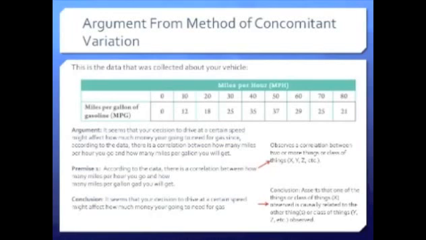The claim that there is a correlation between how many miles per hour you drive and how many miles per gallon you get is the conclusion drawn from employing the method of concomitant variation. The conclusion of this argument also simply asserts that there may be a causal relationship between how many miles per hour one travels and how many miles per gallon one will get. This assertion is implied by the conclusion, which states that your decision to drive at a certain speed may affect how much money you're going to need for gas.